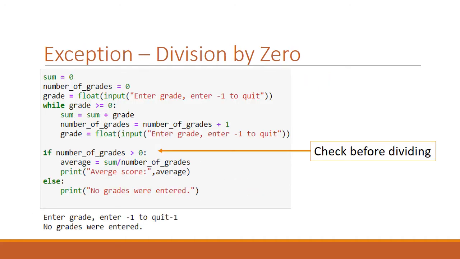So here's an example of running the program where the user enters a -1 as the first grade entered. In this example, the while loop isn't executed and number of grades is equal to 0. So we execute the if statement. If number of grades is greater than 0, and it's not, the print statement within the else is executed and no grades were entered is displayed on the screen.